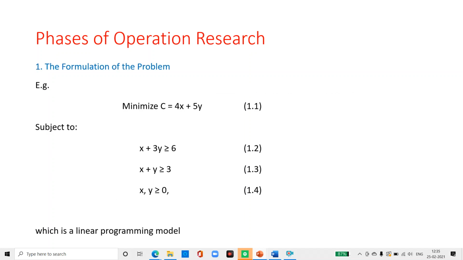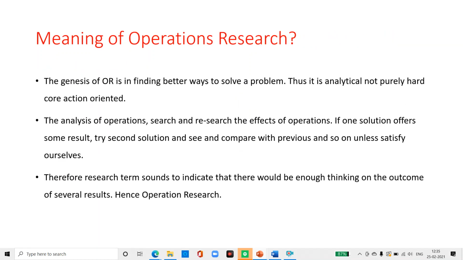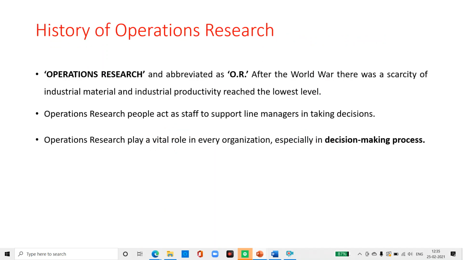So an example for this formulation of the problem: we have one problem, minimize c equal to 4x plus 5y. As I said, in operational research we are using some mathematical data or equations, expressions.